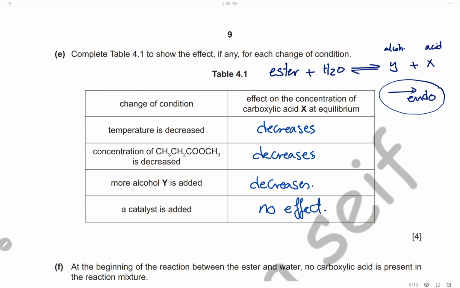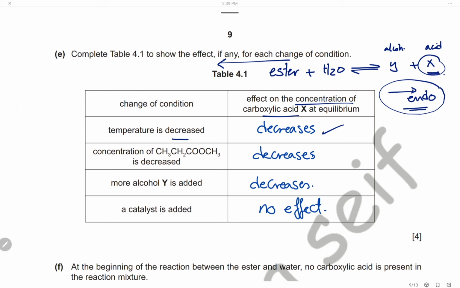And the question is asking about the concentration of the carboxylic acid at equilibrium. And it was also given that the forward reaction is endothermic. So first, if we decrease the temperature, the equilibrium will be shifted to this side, which is the exothermic side, so it will be shifted backward. Of course, the concentration of the acid will decrease.